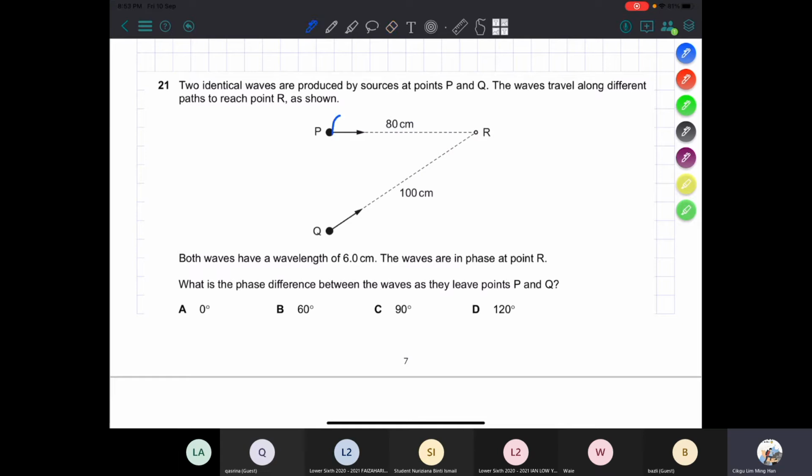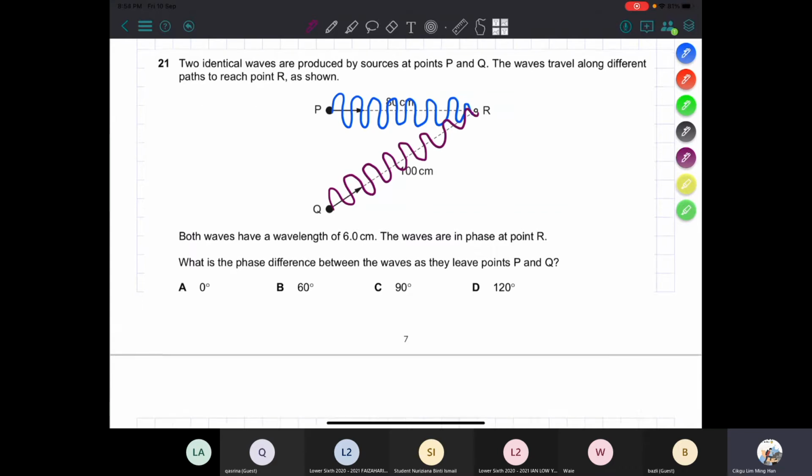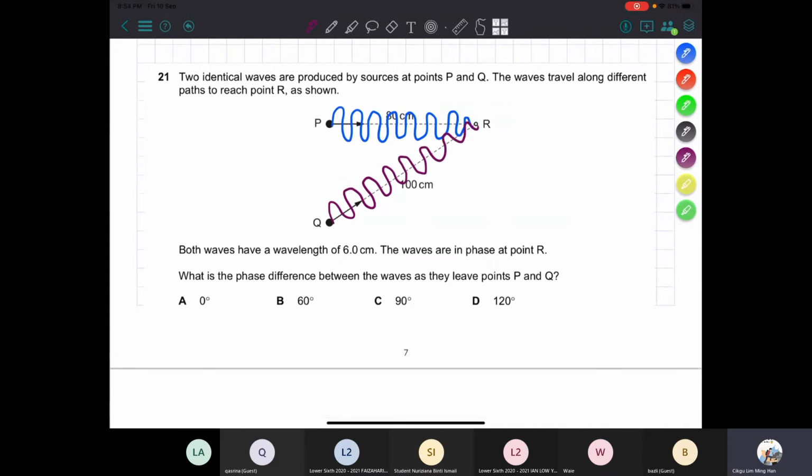It will be like this, a wave like that, and then the other one will be like this. Both have a wavelength of 6.